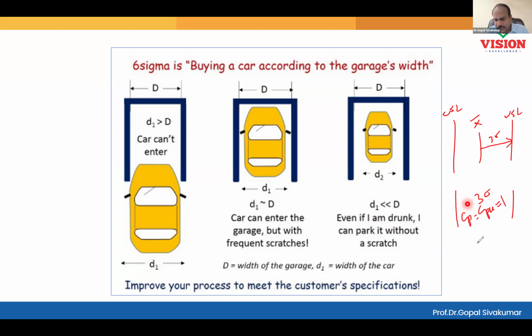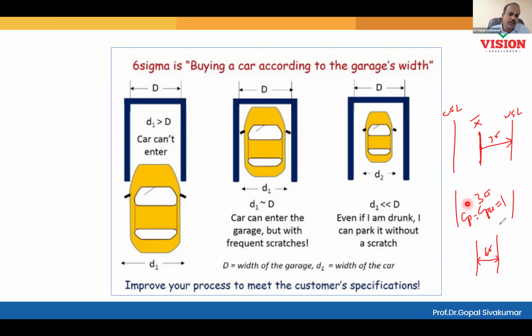Suppose my car size is just half the size of the specification. Again, my car is parked properly, centered on the target. And now my process spread here itself is 6 sigma. Can you see that?